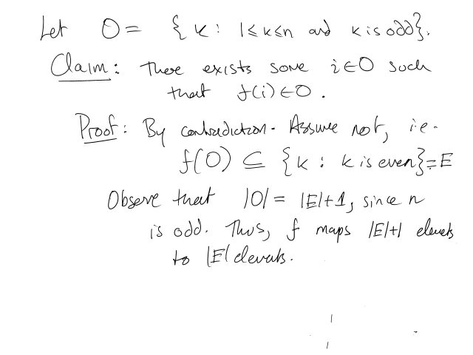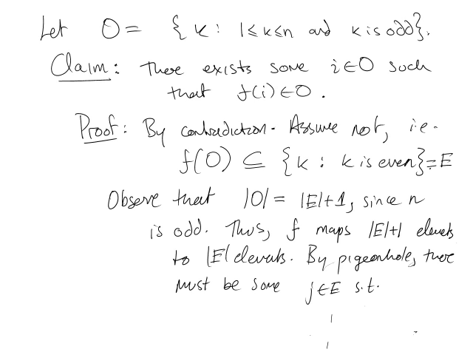So by Pigeonhole, there must be some number, let's call it j in E, such that the preimage of this set has more than one element. So there must be some box that has more than one pigeon.